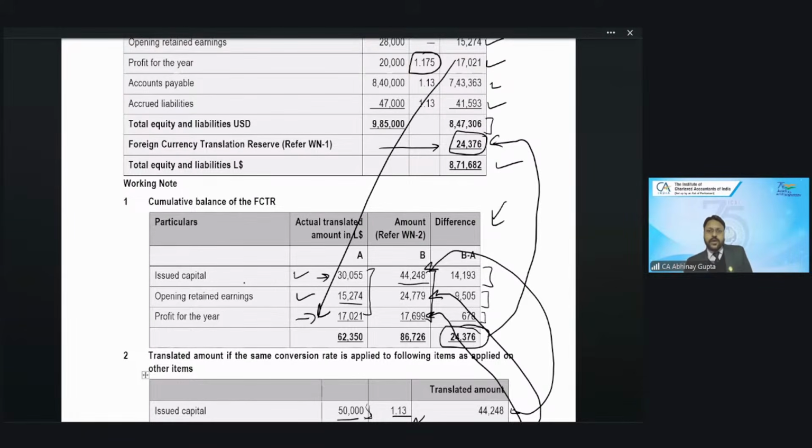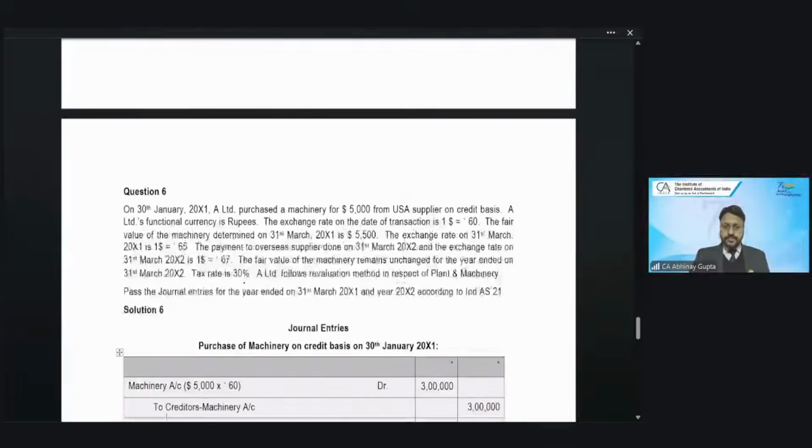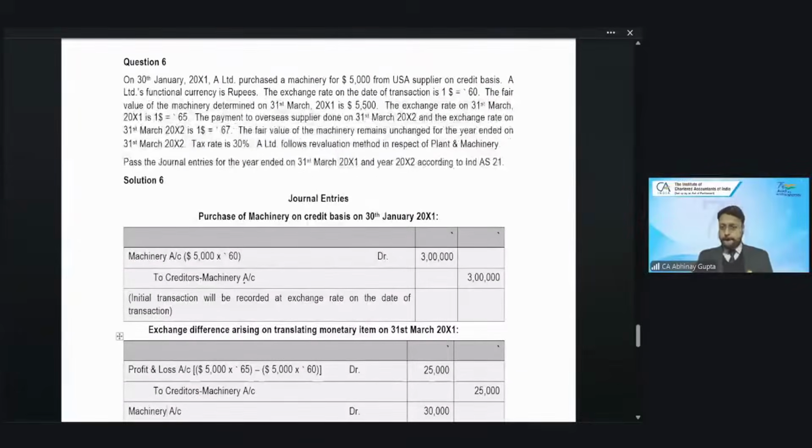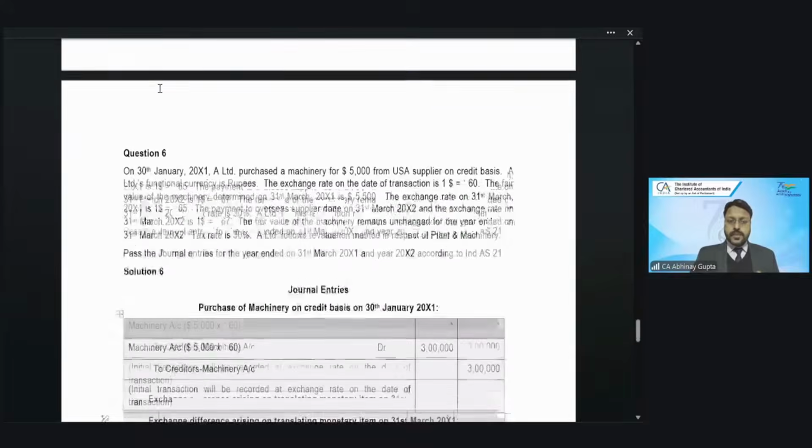So whenever we provide a solution for any translation of a balance sheet, this three-columnar presentation would be advisable for easy and quick understanding of the examiner. Clear? Here the USD dollar is weaker, L dollar is stronger. Correct.